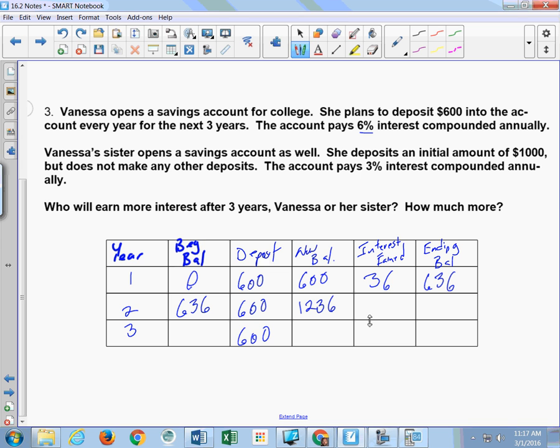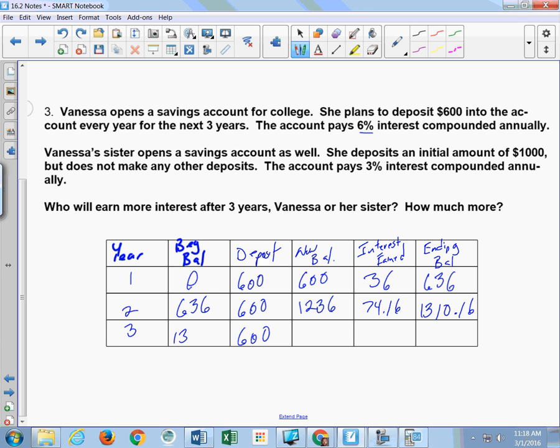Get 1310.16. And we're going to subtract these two, 1236 and 1310.16, to find our interest. 1310.16 minus 1236 is $74.16.